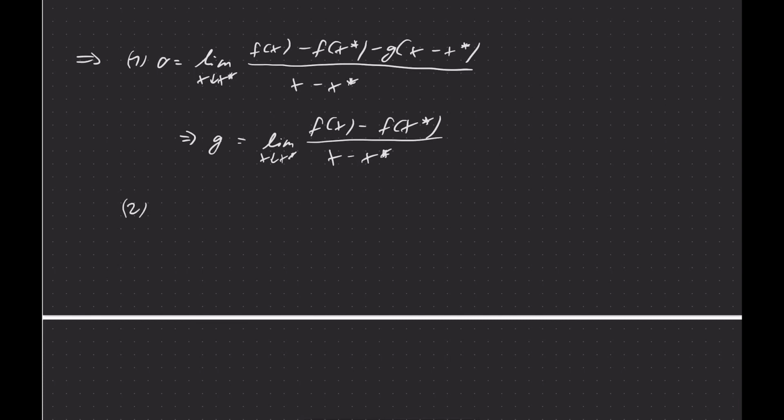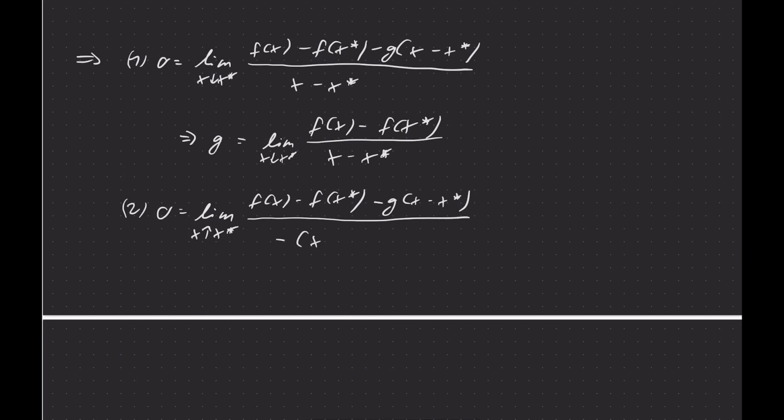So let's see if the second case works out as well. In the second case, we'll have a look at the limit as x approaches x star from below. So in that case, the absolute value then becomes minus x minus x star.